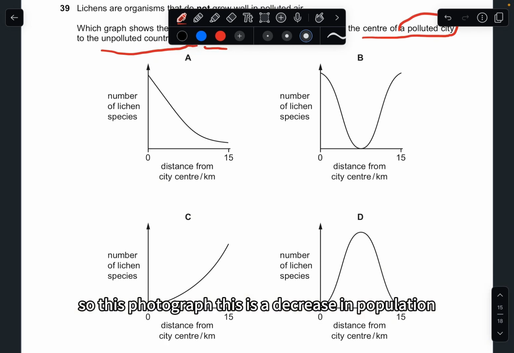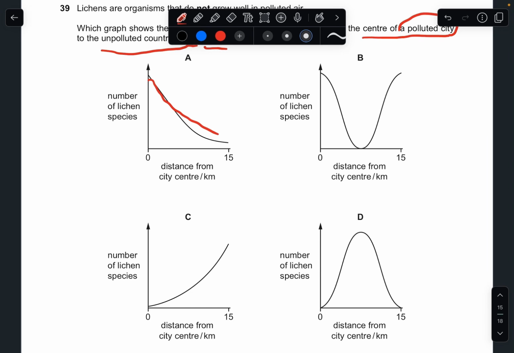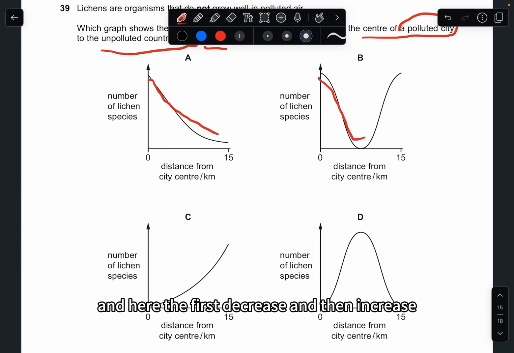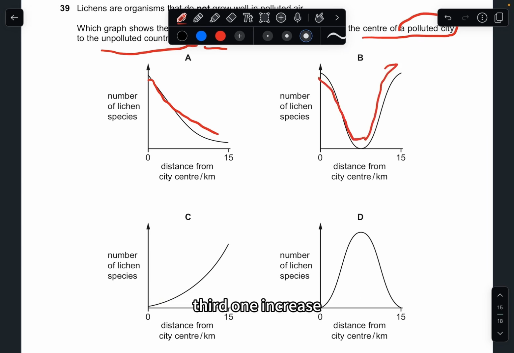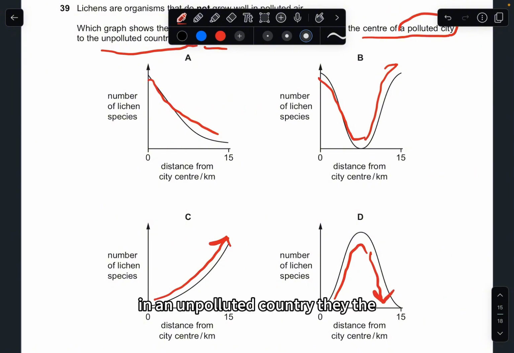In these four graphs, the first shows a decrease, the second a decrease and then an increase, the third a continuous increase in population as the distance increases, and the fourth an increase and then a decrease. Because lichens live in an unpolluted countryside, if the pollution increases, their quantity decreases.